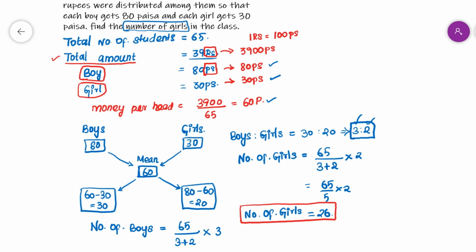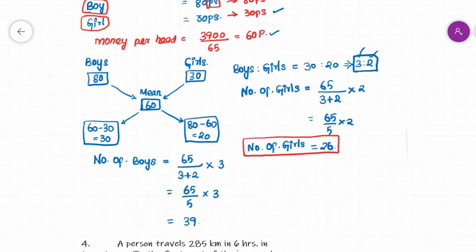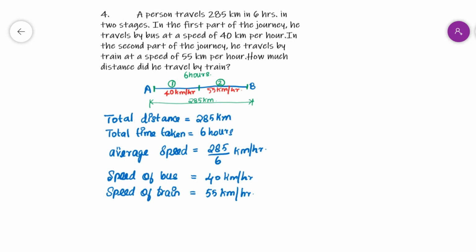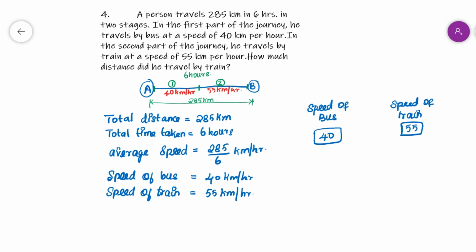The same thing as the 3900 paisa, which we converted, here it is 285 by 6. It is the average, the speed at which we cover the total distance A to B. In the alligation rule, the speed of the bus goes on one side and the speed of the train on the other, and the average speed 285 by 6 goes in the middle.